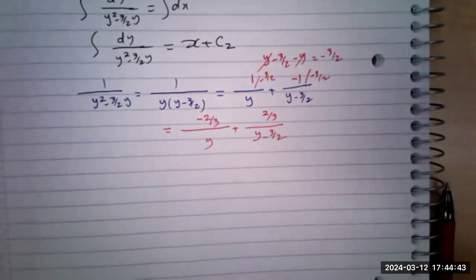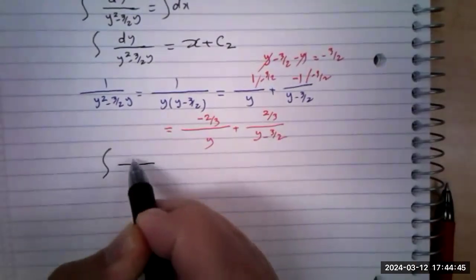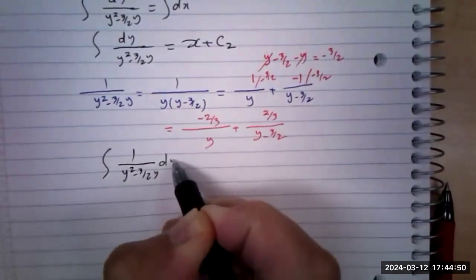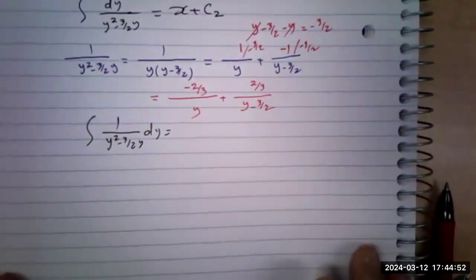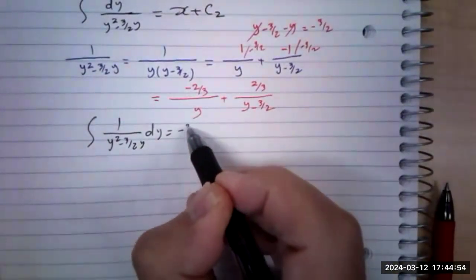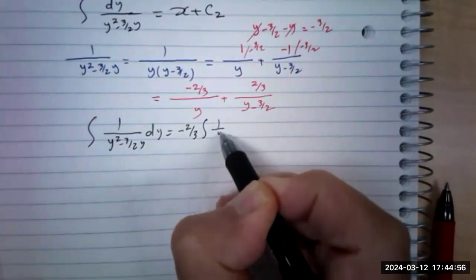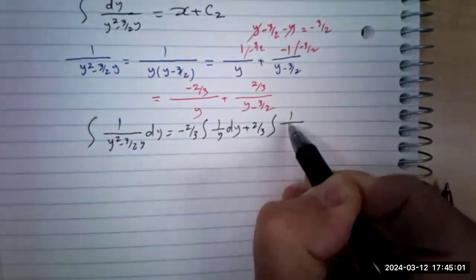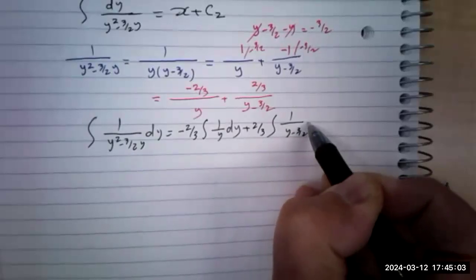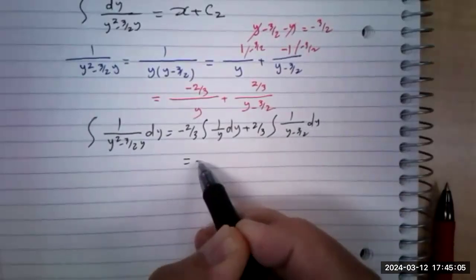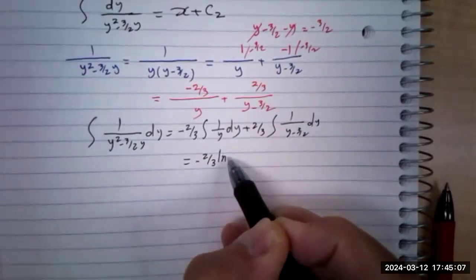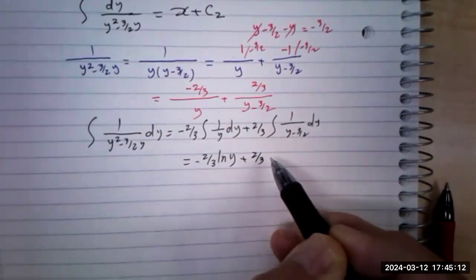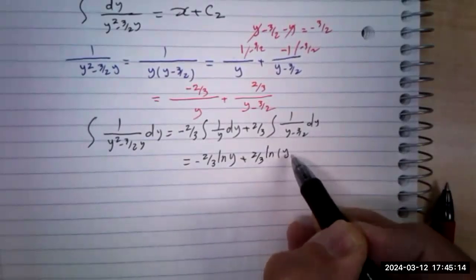To find the integral, so the integral of 1 over y squared minus 3/2 y would be what? Would be negative 2/3 times the integral of 1 over y dy, plus 2/3 times the integral of 1 over y minus 3 half. So eventually negative 2/3 ln of y, plus 2/3 ln of y minus 3 half.